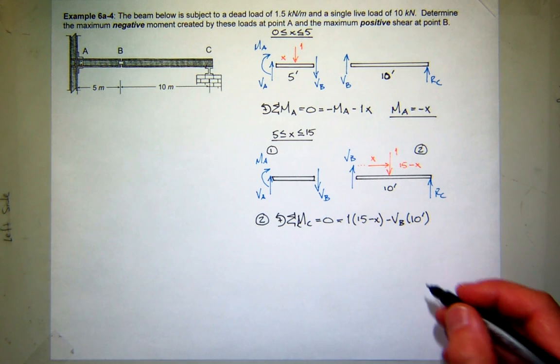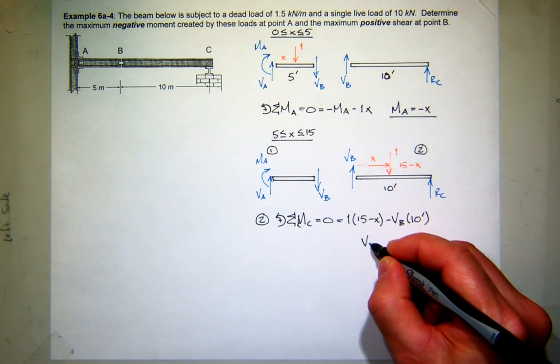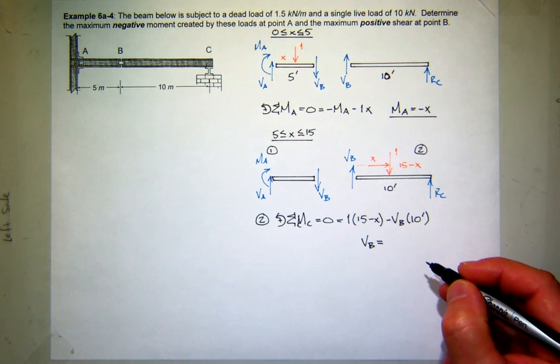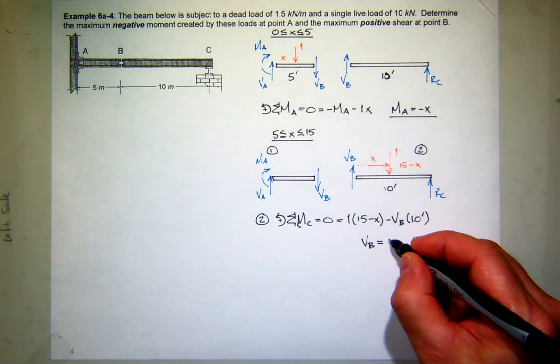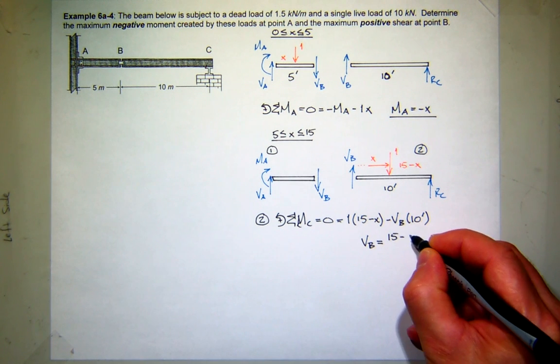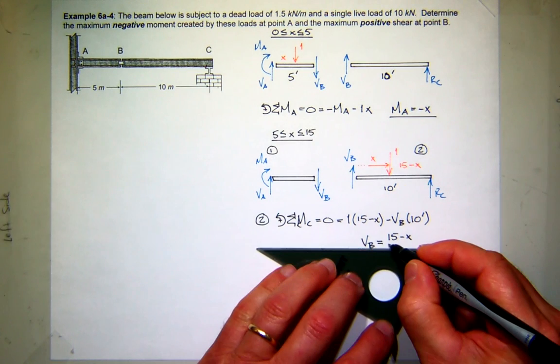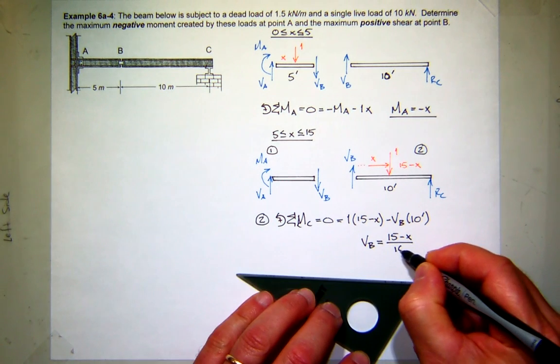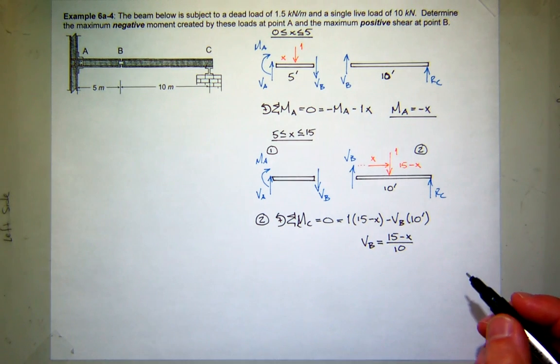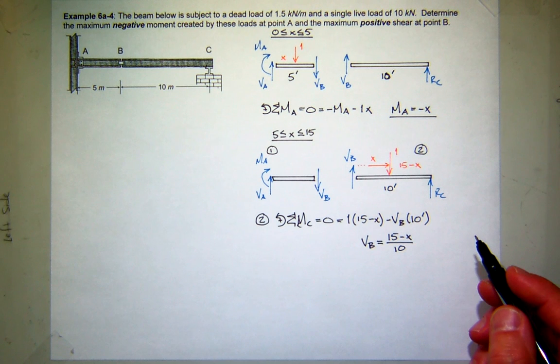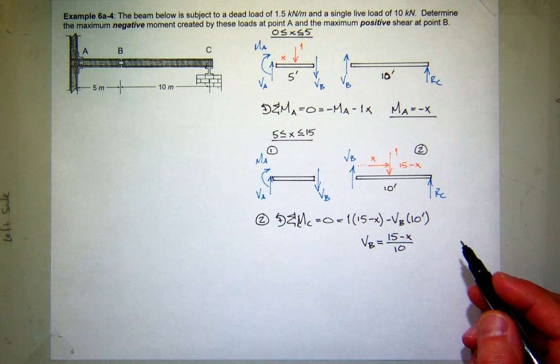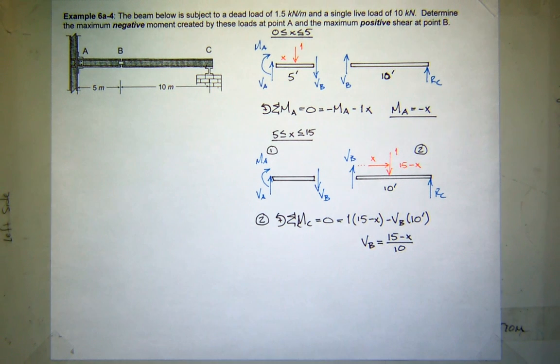So solve for the reaction at B. It looks like I get 15 minus x divided by 10. That doesn't seem right. Is that right? Let me think about this for a second.